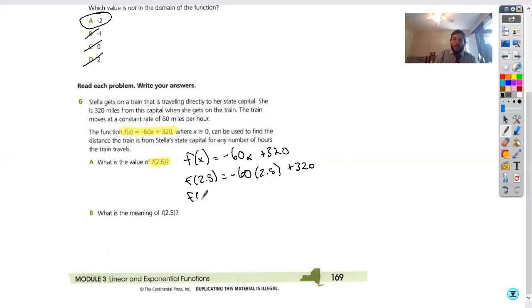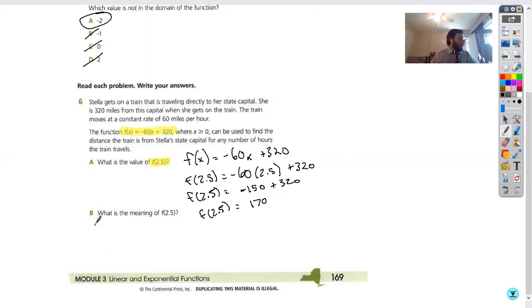Simplifying, f of 2.5 equals negative 60 times 2.5, which is negative 150, plus 320. And finally, f of 2.5 equals 170.